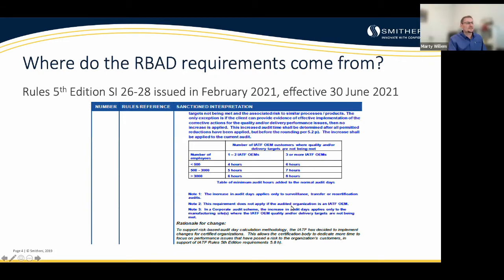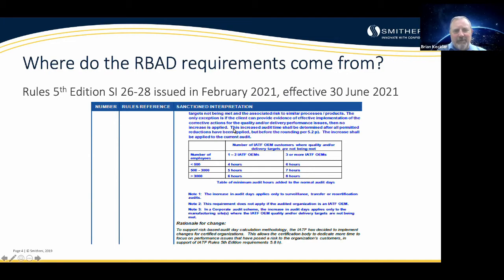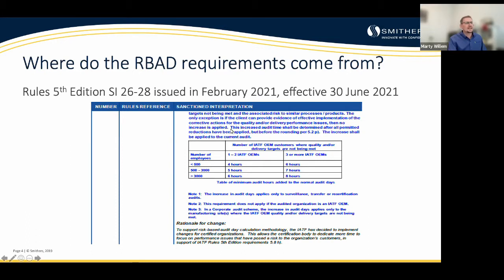Yeah, that is correct. And I just wanted to make sure that was stated somewhere. Of course, you'll probably do the calculations for everybody. So that's correct. It does state that this increased audit time shall be determined after all permitted reductions have been applied, but before the rounding per 5.2P of Rules 5th edition.